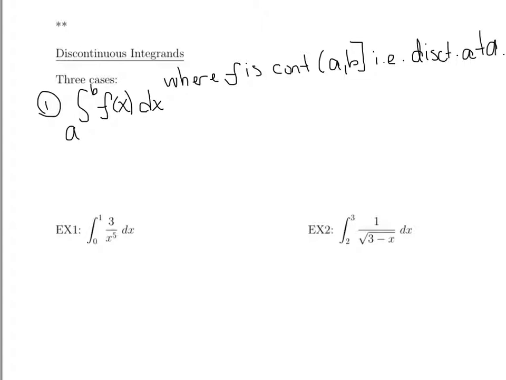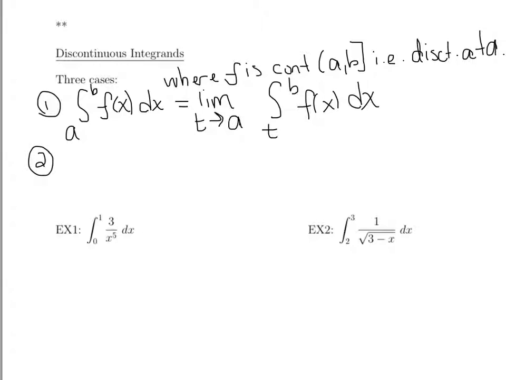In other words, we can't actually plug a into this function, so there's going to be a discontinuity, and if we're trying to find the area under that curve, we don't want to use the value right at a, so we'll take the limit as t approaches a of the integral from t to b of f of x dx and calculate that instead.